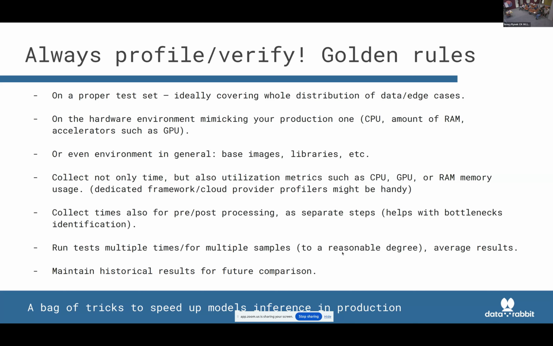And run those tests multiple times, to a reasonable degree, because it all costs, to average the results. And again, all for maintaining the historical results for future comparison. You are doing it right now, you have some results, but half a year from now, either your team or you yourself will thank you for that.